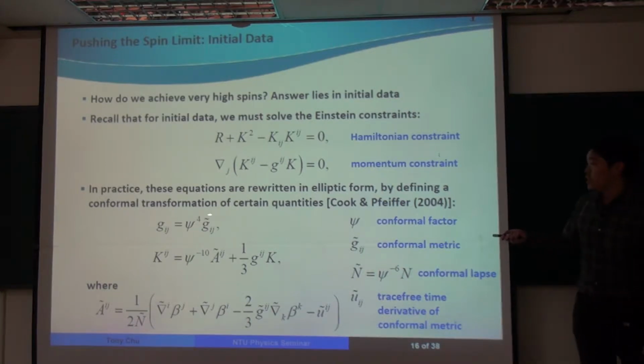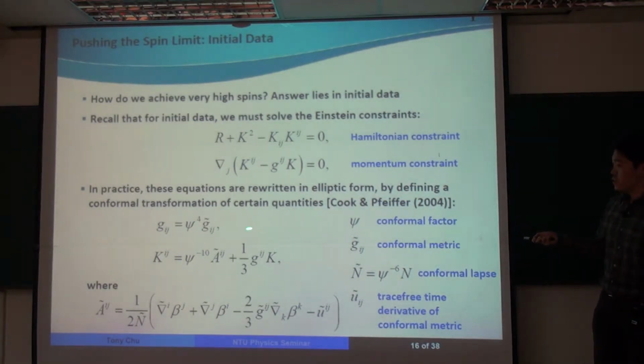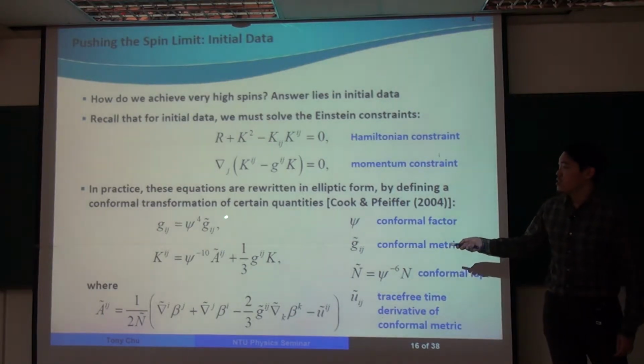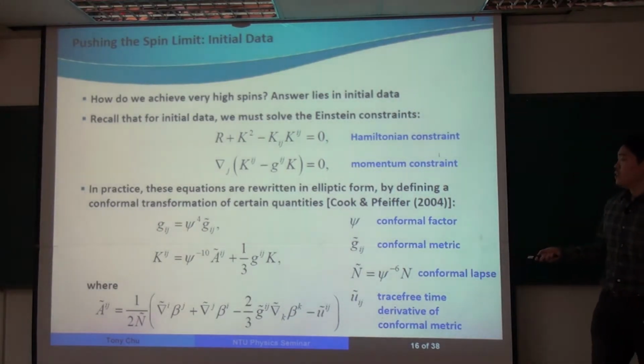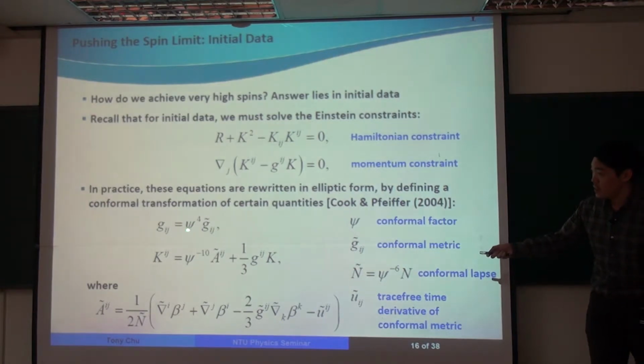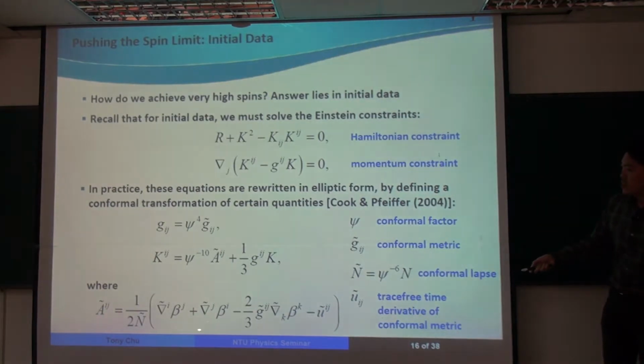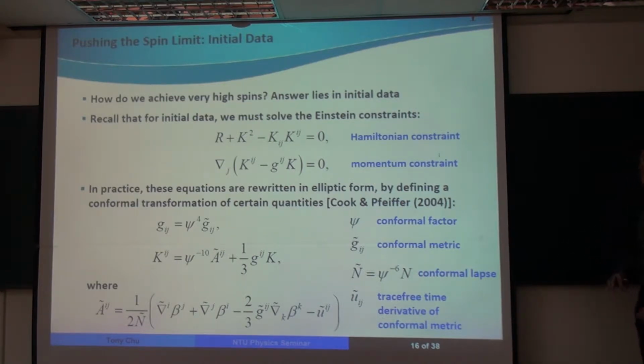We do this by defining a conformal transformation of certain quantities. So for instance, we write the spatial metric in terms of a conformal metric, G tilde, and a conformal factor psi. And we do a similar thing for the extrinsic curvature, where A tilde here involves conformal lapse, defined as psi to the minus 6 times the physical lapse, and U tilde ij, which is the trace-free time derivative of the conformal metric.